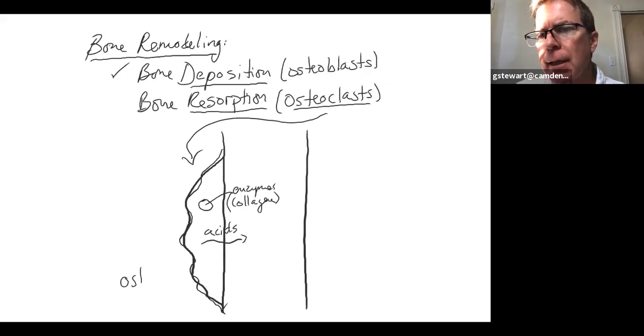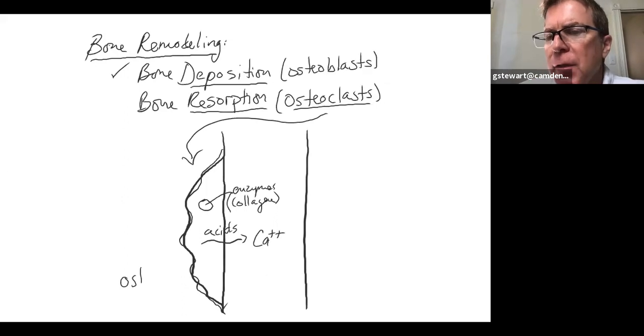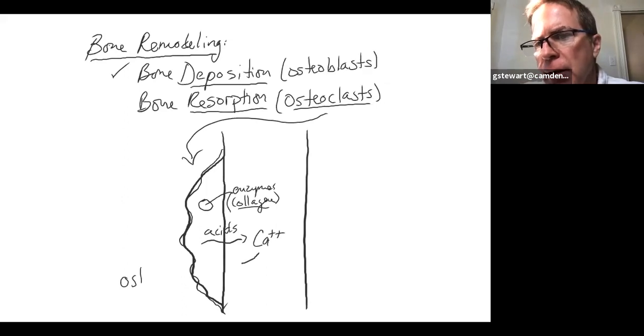So it affects things like calcium. It's called hydroxyapatite, which is calcium and phosphorus put together. So I'm just going to put calcium out here. What it does with, especially with some of the organic components, but let's just follow calcium. Calcium then is free to leave the bone because the bone is being dissolved, the matrix is being dissolved.